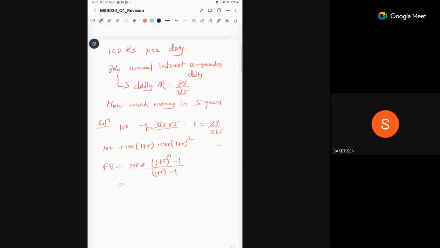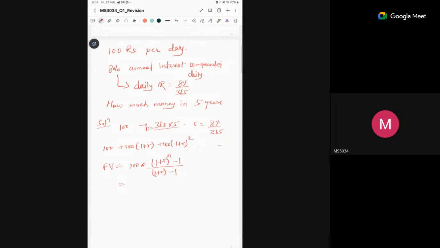In this formula, the R is basically 0.08 by 365, right? Correct. The answer is not matching, I don't know why. The bottom one is only R, because 1 plus R minus 1 is only R. So it's C by R, and it is matching for me.